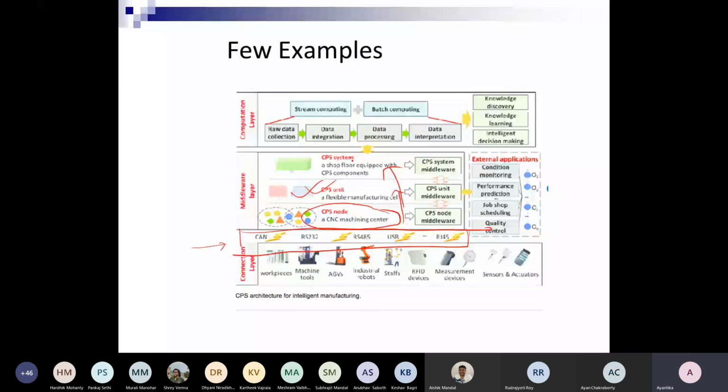For that, a few communicating techniques, depending on your requirement, they may be serial, they may be parallel, they may be physically connected, they may be network-based connection.